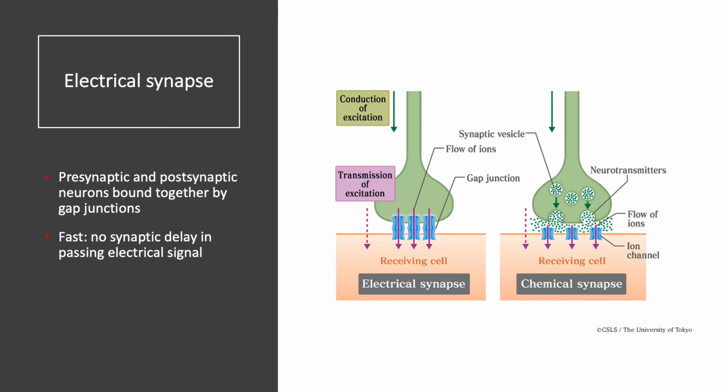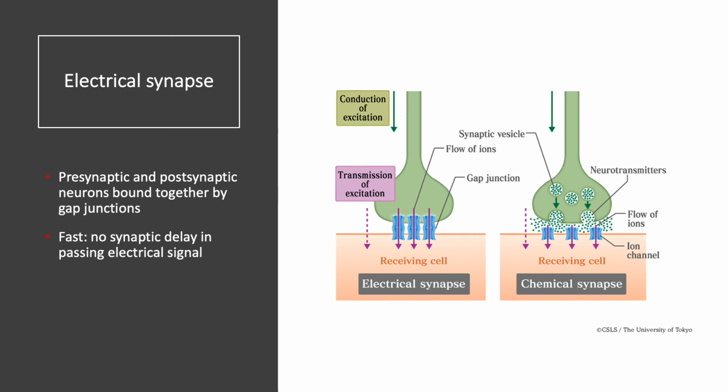With the electrical synapse now, we don't see that delay associated with the chemical synapse because we're not crossing that synaptic cleft. The presynaptic and postsynaptic neurons are physically bound together by gap junctions. So gap junctions, they're made up of these 6 protein subunits that come together and form a physical tunnel that connects the two cells. It allows for direct communication. It's essentially like they're sharing their cytoplasm here.